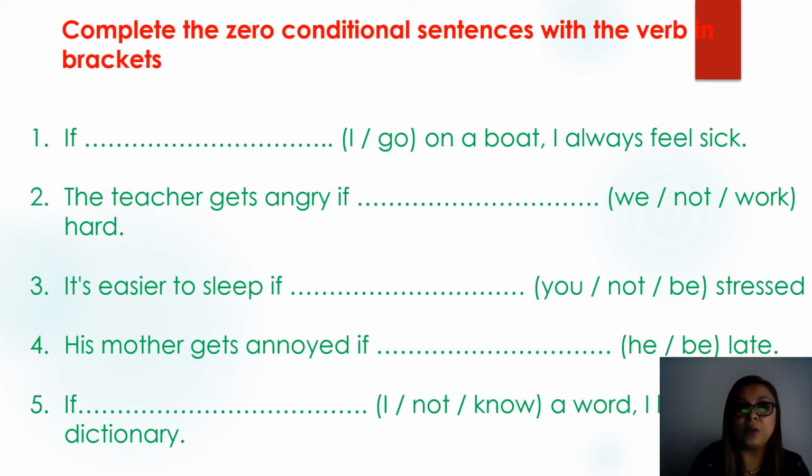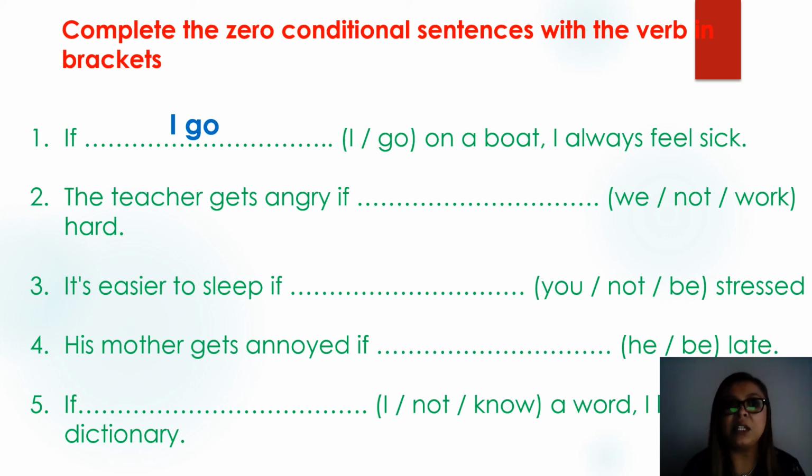So the example there would be, if I go on a boat, I always feel sick. Remember the structure. The structure says that I'm going to start with if, then the subject, and then the verb in simple present. Acuérdense de la estructura que decía que yo empiezo con if, después del if el sujeto, y luego tendría el verbo en presente.